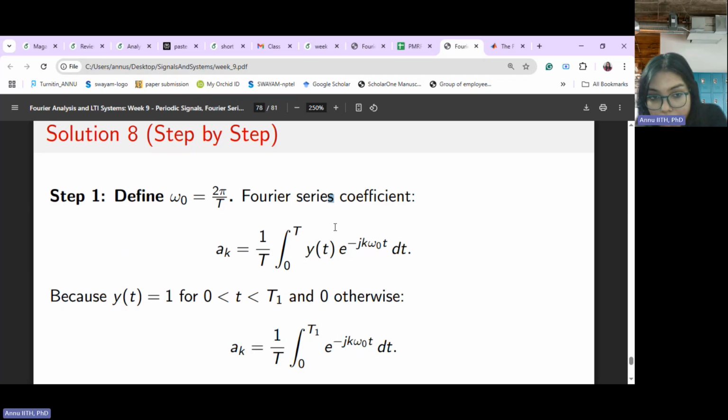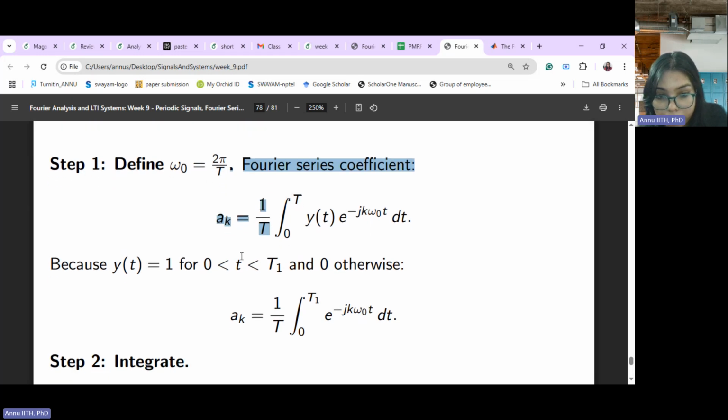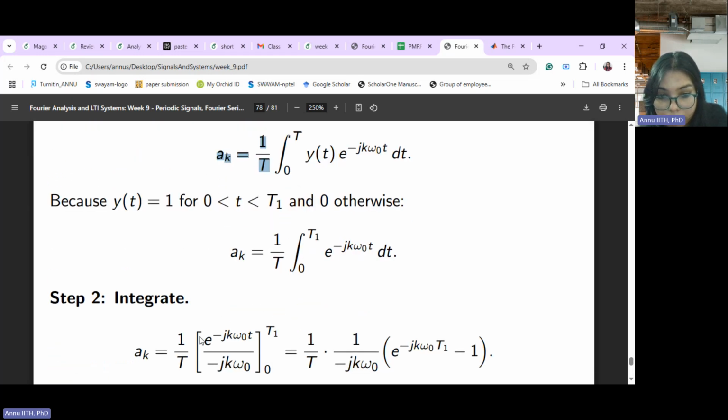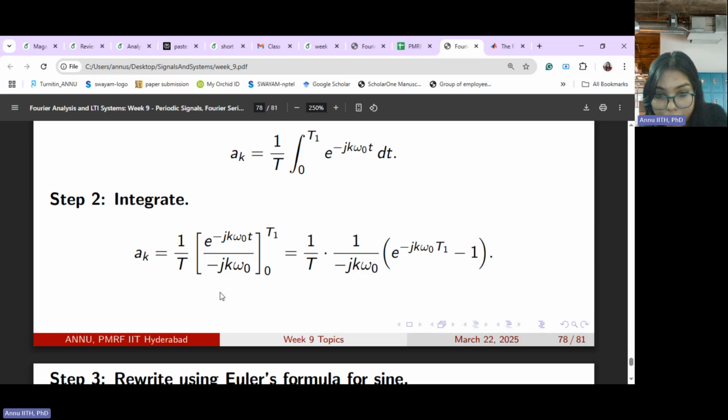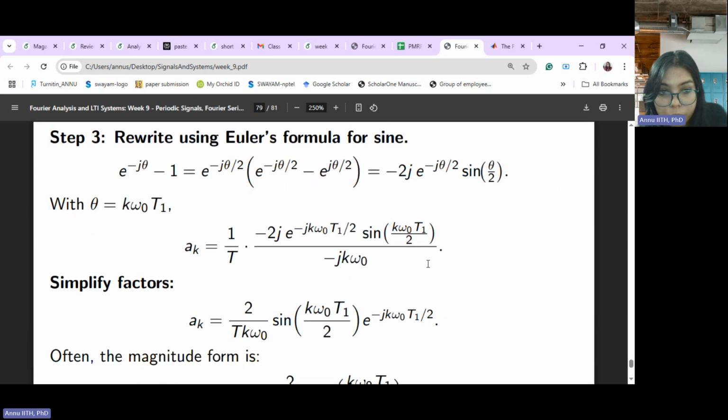So if we define omega naught equals 2 pi by t, the Fourier series coefficient ak is 1 by t, integral 0 to t, yt e power minus jk omega naught t dt. Because yt equals 1 here, ak is nothing but this, and by integrating we are having these values. So rewrite using Euler's formula.